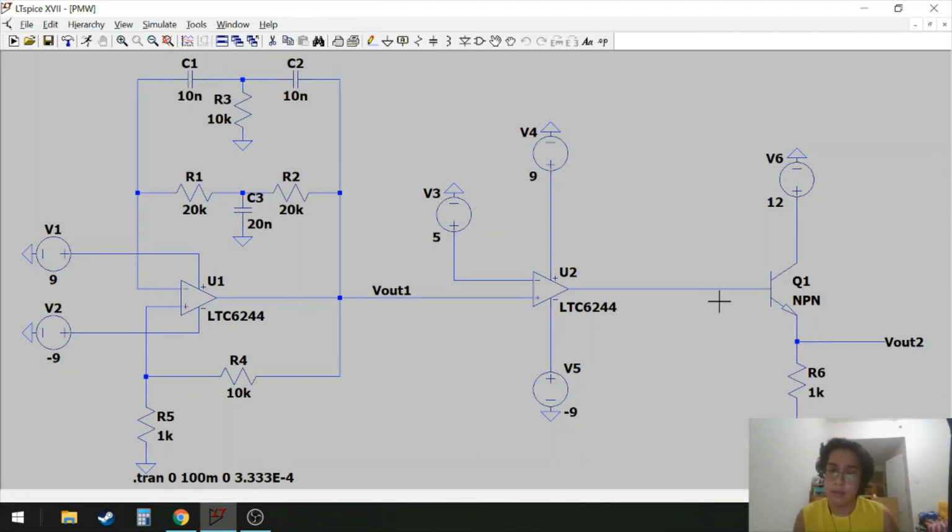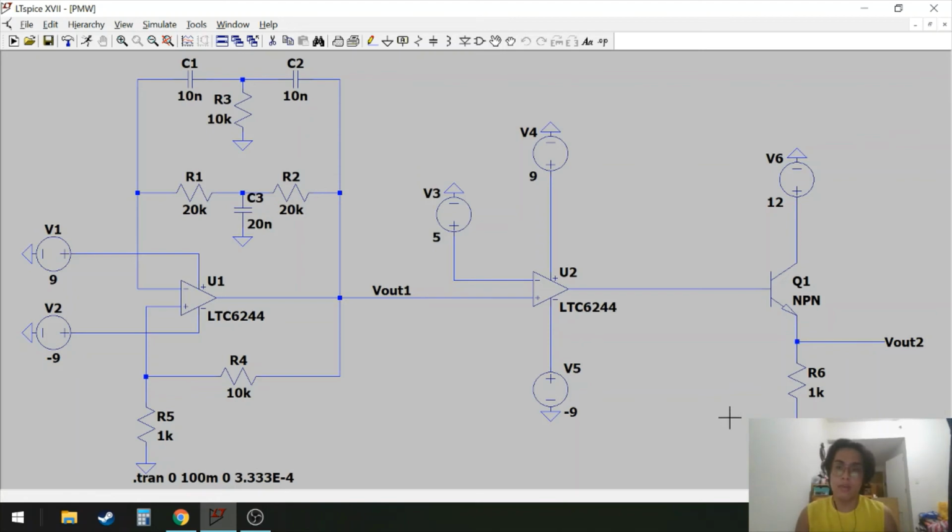For the output of the comparator, it will go to the base, and the emitter of the NPN will be the voltage output. Now I attach here an R6 for safety, so that the voltage output is smooth and just not going through the ground.